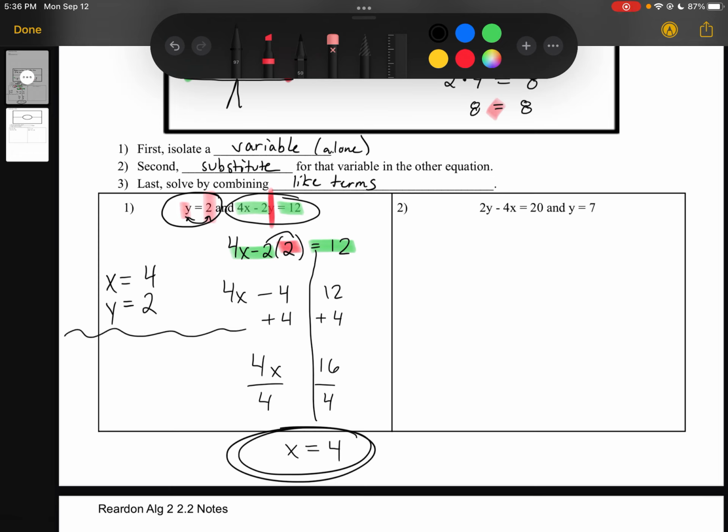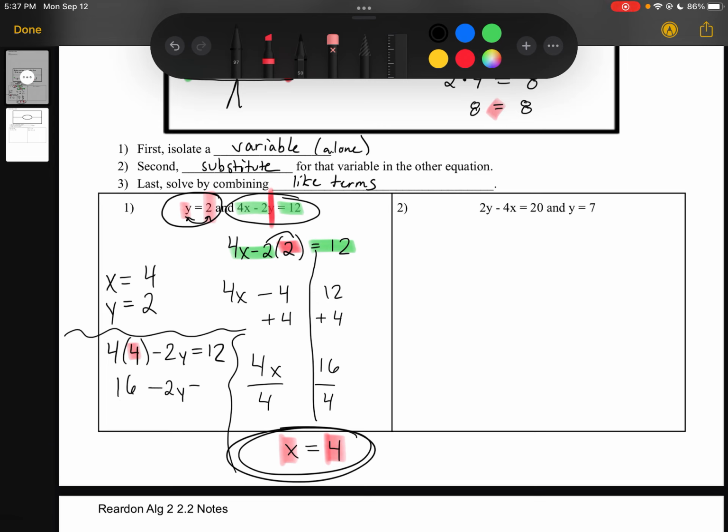But we could also, if we wanted to, go back to our original equation, so our second equation there, and we could take our x value. So now we can see that x is equal to 4. So what we're going to do is put, instead of an x next to the 4, the actual number 4.